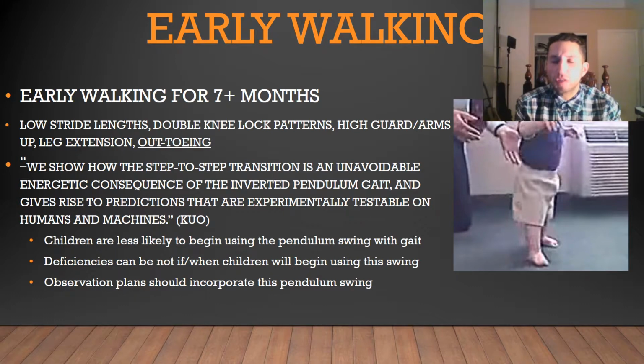To observe this behavior is essentially expected, and also it's normal to observe this type of high guard arm stance at this age of the child's lifespan when it comes to gait analysis. But overall, the observation plan should always incorporate the pendulum swing just to make sure that's being duly noted and documented.